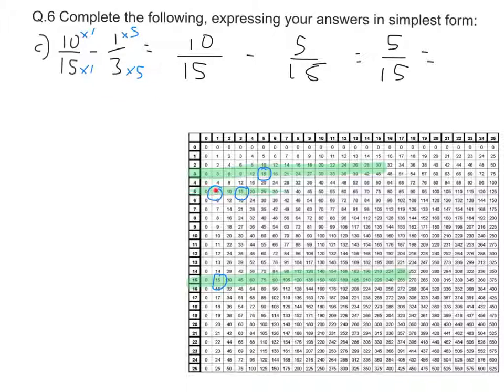So the numerator and the denominator are in the same row. It's the highest common factor because there's nothing else after that. So I just simply go ahead and divide both the top and the bottom by 5, and the answer I should get is 1 over 3.